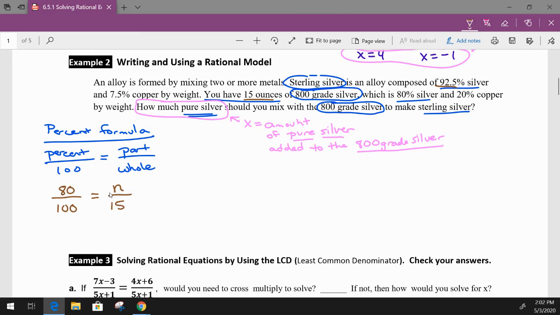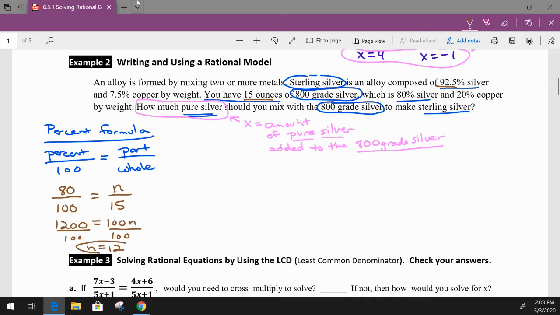So we need to figure out, well, how many ounces is that? So we set up this cross multiplication problem. So 80 times 15 is 1200, and that would equal N times 100, or 100N. So if I divide now by 100, you're going to solve for N. So N then is equal to 12.